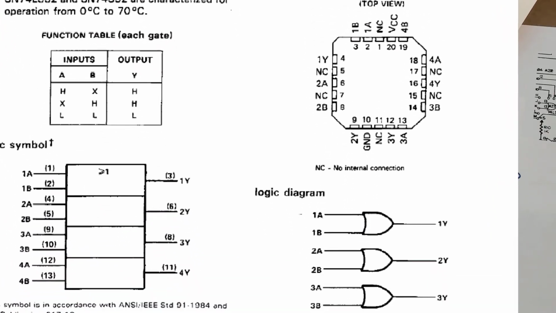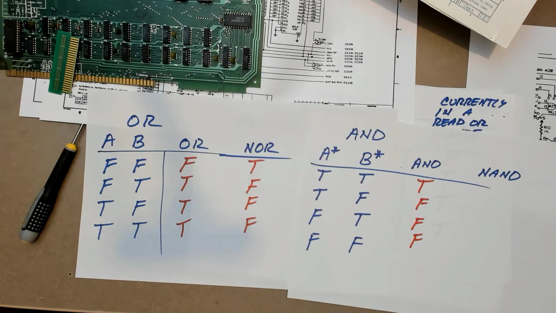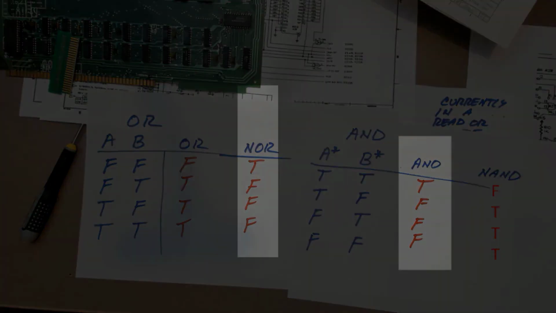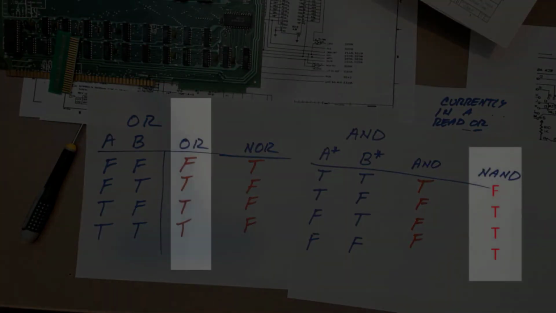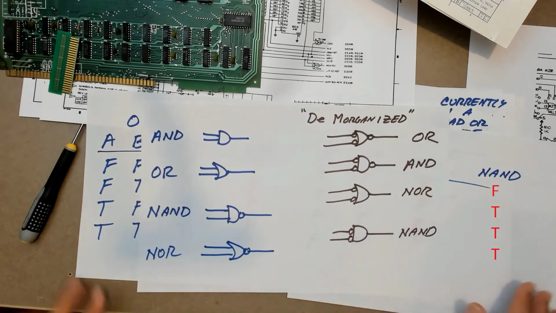But the logic equation is given as positive logic as y equals A or B, but they also give it as y equals the complement of A ANDed with the complement of B. And hopefully it's not lost on you that we can either complement the output of the original gate or complement the output of the substitute gate, meaning that these are equivalent functional gates.